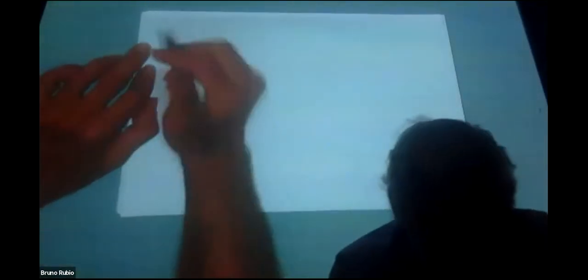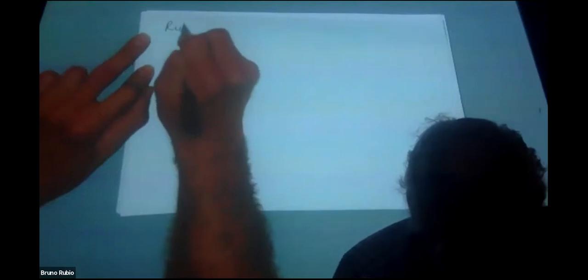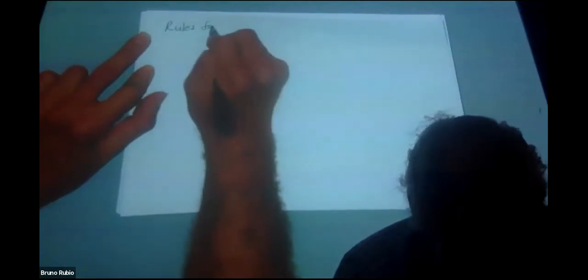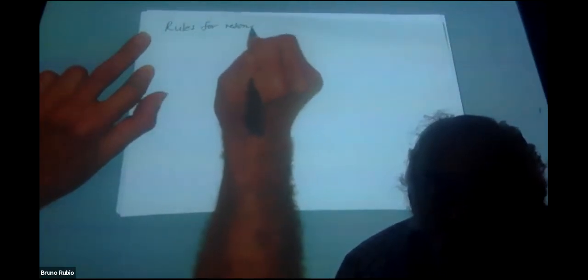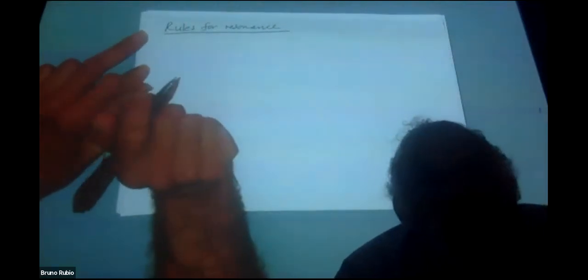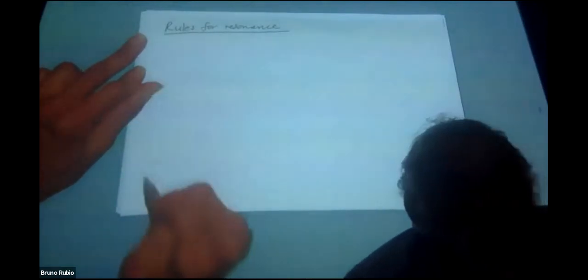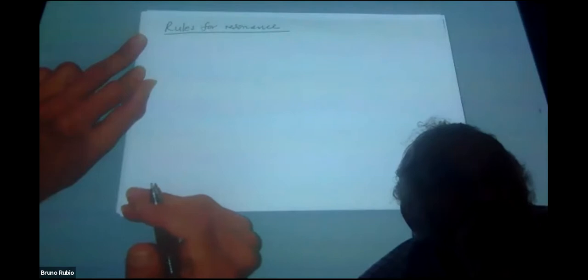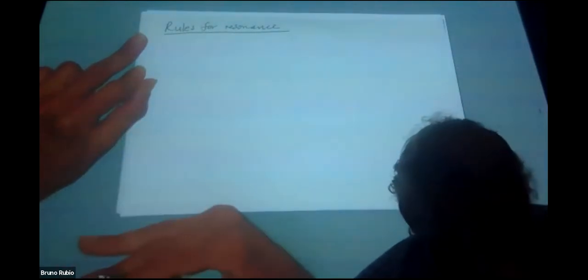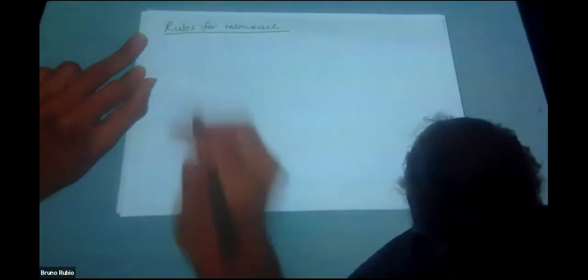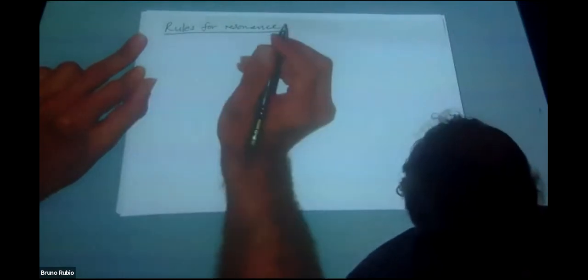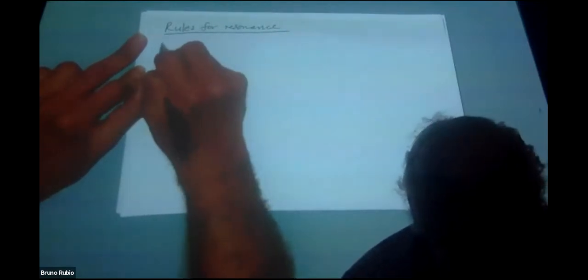So, rules for resonance. What I'm going to do is just lay down the law here, give you all of the rules, and then we can work a bunch of examples.